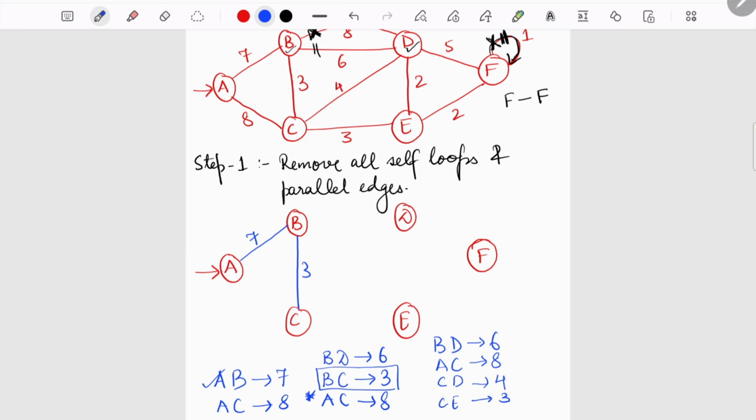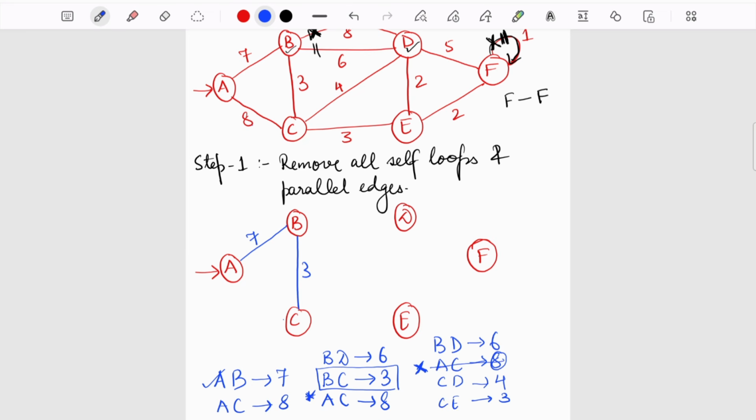Now under any circumstance, say this had been the least weight, still you cannot now consider AC. Can you tell me why? Because if you draw this AC, this is going to form a loop here, and that is not allowed in a minimum spanning tree. So that's why we cannot consider AC anymore. So we remove this from our list.